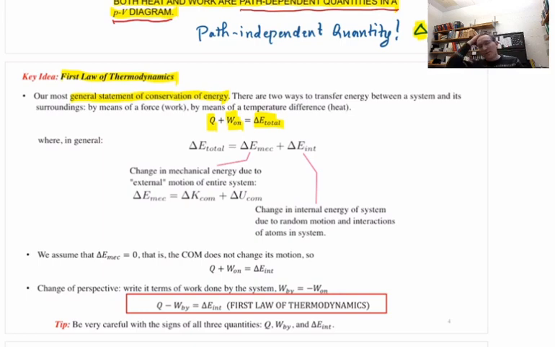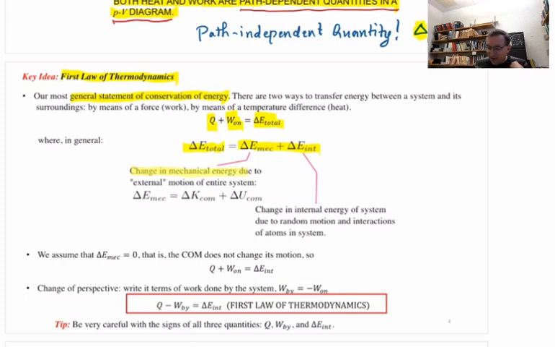Now, we can hone this down a little bit. Delta E total is the change in the total energy of the system. Purely because it's convenient, we divide that into 2 parts. The change in the mechanical energy of the system, plus the change in what's called the internal energy of the system. Now, the change in the mechanical energy, remember mechanical energy from last semester, kinetic plus potential?